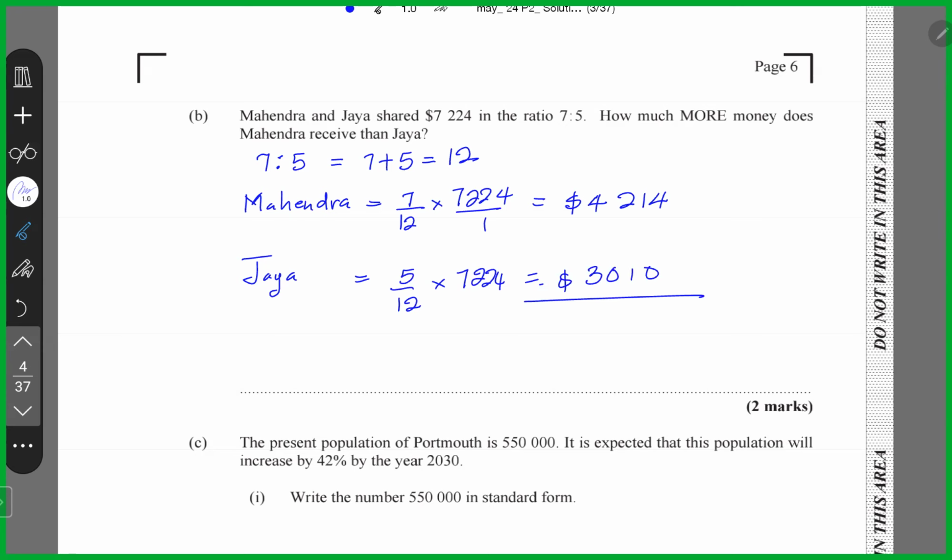Well, you just simply subtract. And when you subtract 4,214 minus 3,010, we're going to get $1,204. So how much more money does Mahendra receive than Jaya? The answer is $1,204.